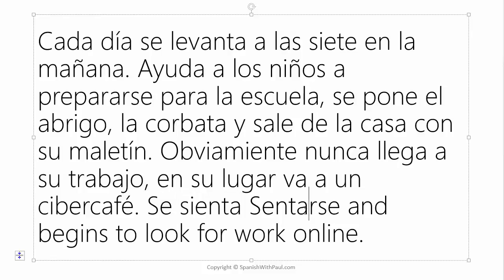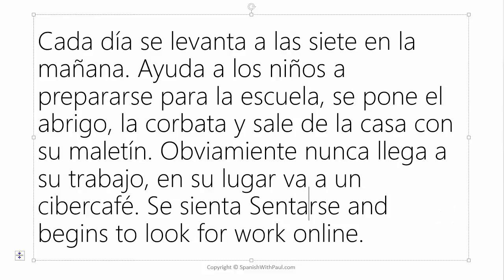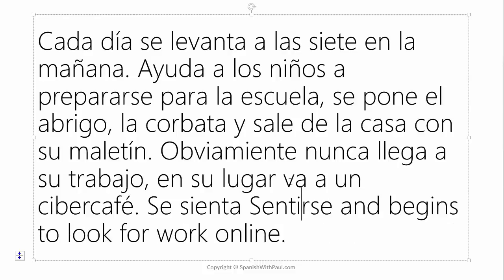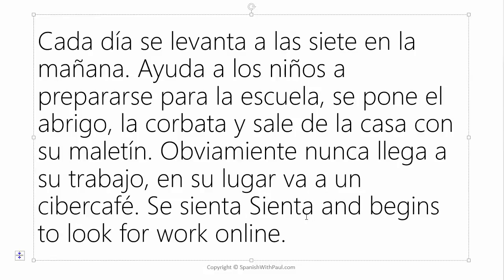The only difference is that one is an AR verb, sentarse, that is to sit down, and the other one is sentirse, which is to feel. Okay, so sentarse, sit down, sentirse, to feel, and both of them split. So instead of getting senta, right, it splits into sienta. This is how we get se sienta.